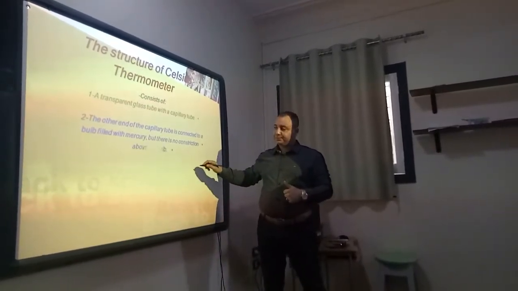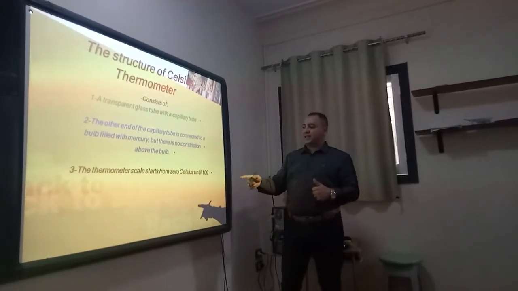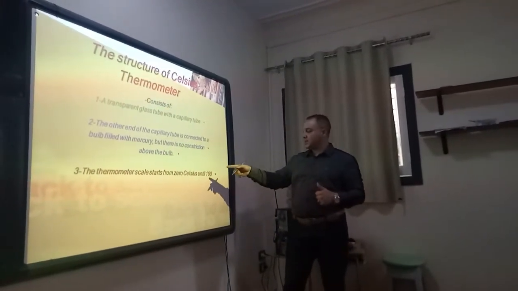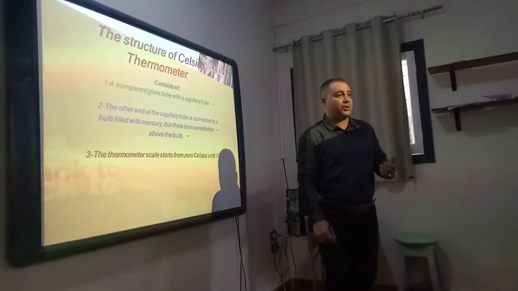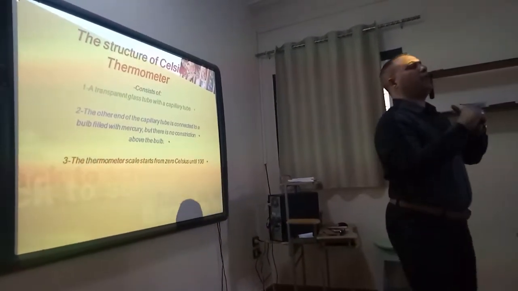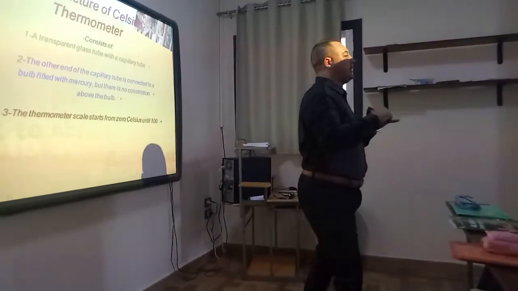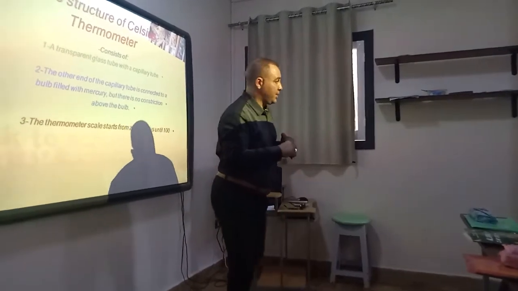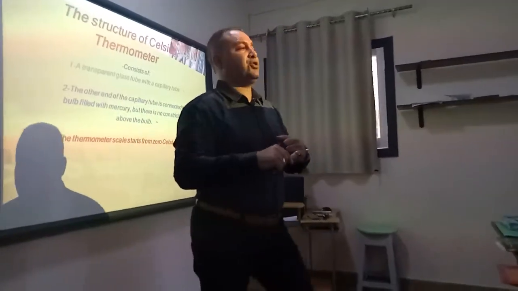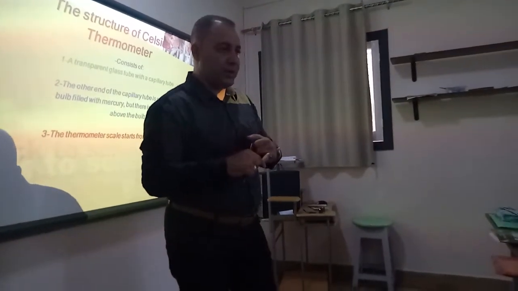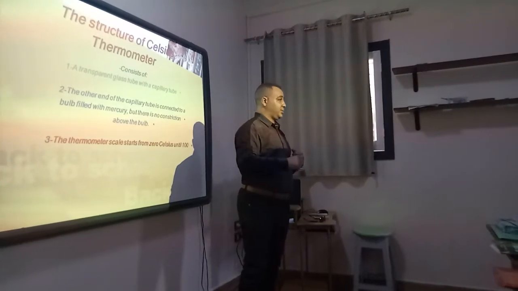Number three, above the bulb, the thermometer scale starts from 0 Celsius until 100 or 200. Why? Because water boils at 100 degrees Celsius and freezes at 0. So the thermometer used in measuring liquids like water has a graduation from 0 to 100 or 200.